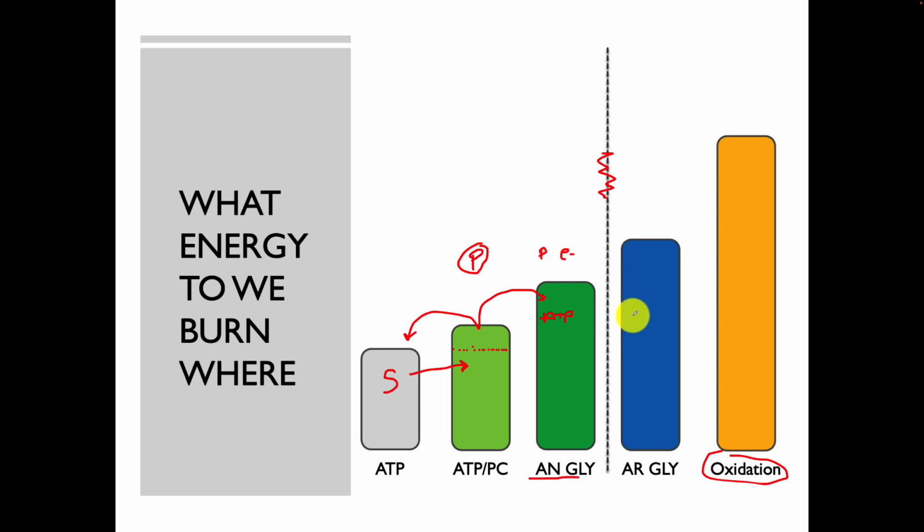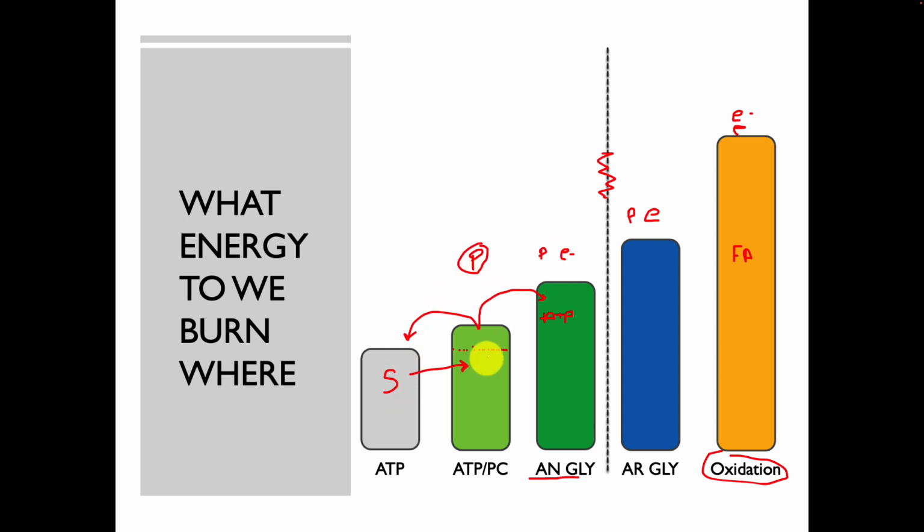Aerobic glycolysis is phosphates and electrons. And beta oxidation, that's coming from fatty acids, is primarily electrons. Oh, that's an E. Let me draw it again. E. There you go. So this energy regeneration of ATP is all due to phosphates and electrons.